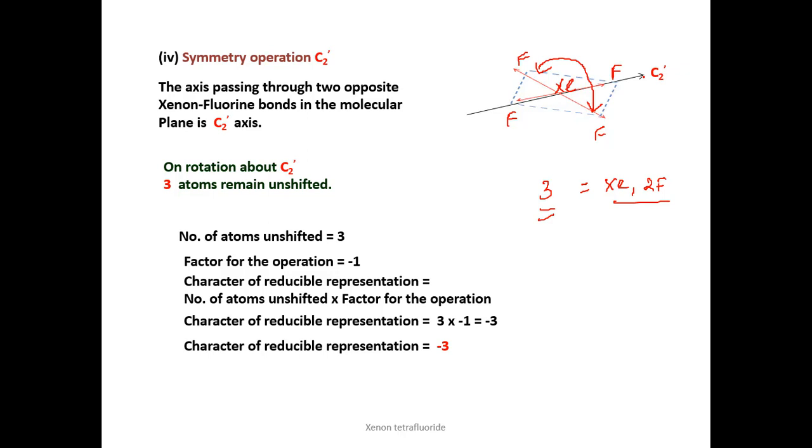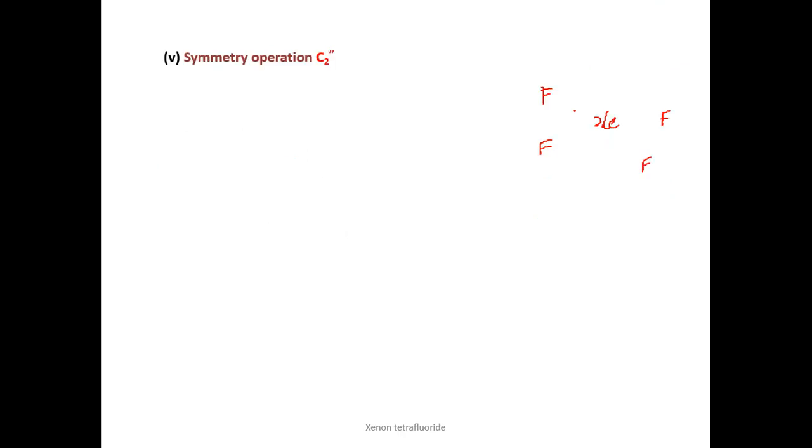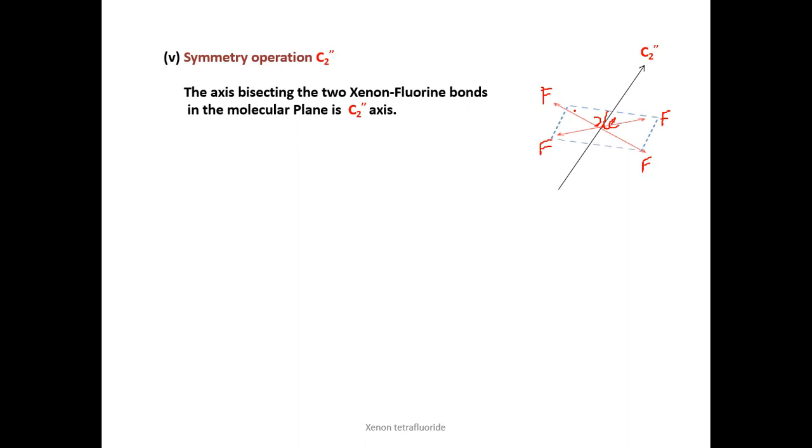Compare it with the C2 dash which we discussed earlier. C2 dash passes through two xenon fluorine bonds, whereas C2 double dash is bisecting the two xenon fluorine bonds, and it passes through only one atom.